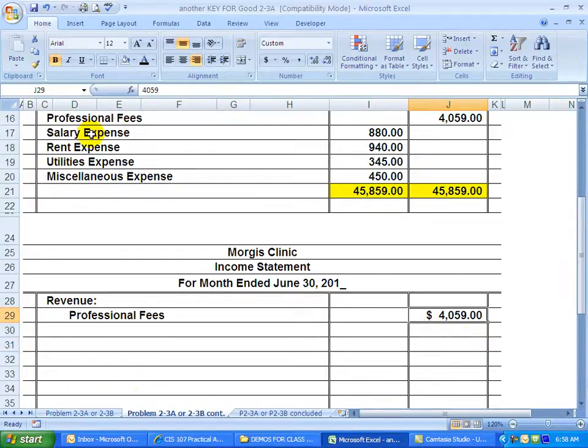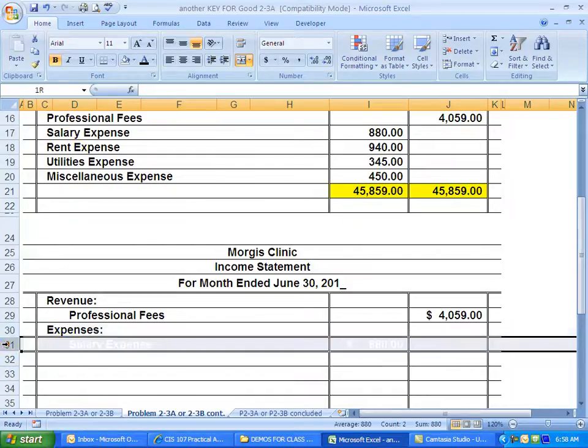The next category is for all these expenses. So we're going to write the word expenses followed by a colon. And then each of these expenses are going to be listed starting with salary expense. So you would indent again about a half inch. And as we write that in, it's going to be spelled out in full.